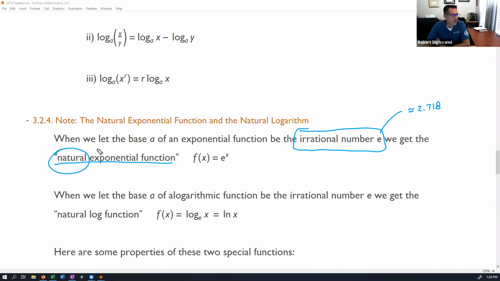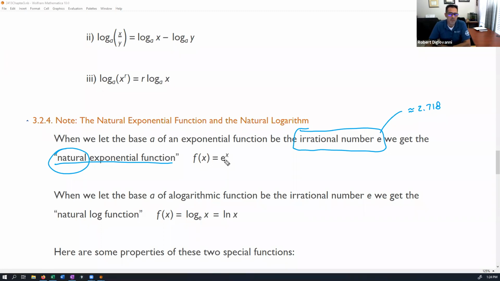I'm curious, does anybody remember their professors telling them why it's called the natural exponential function? Like e is just a number, right? I mean, you could use 2 here, 2 to the x or 5 to the x or any number that you want, as long as it's positive. So there's an infinite number of exponential functions, but this one in particular, we call the natural exponential function.